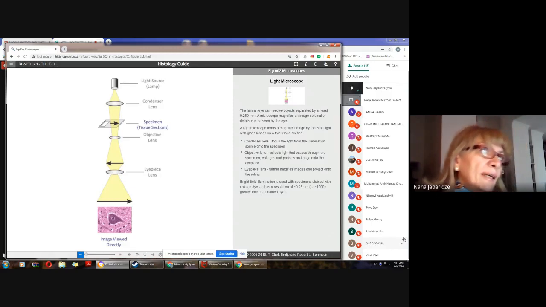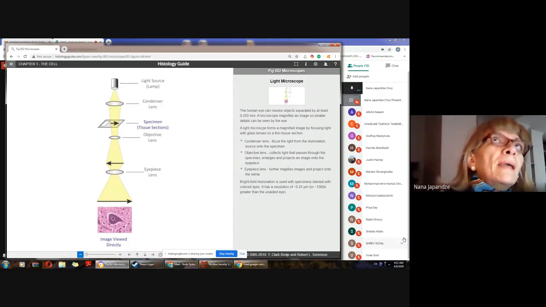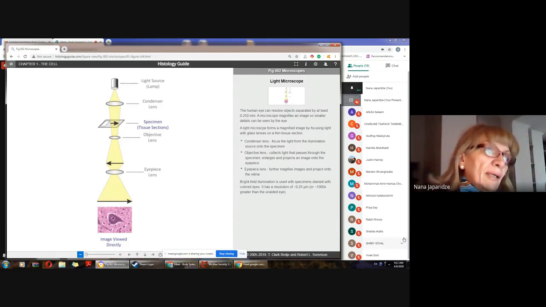It means that the melted artificial embedding material infiltrates the tissue sample. Then we put this tissue sample again into melted resin or paraffin, and we finally prepare blocks.